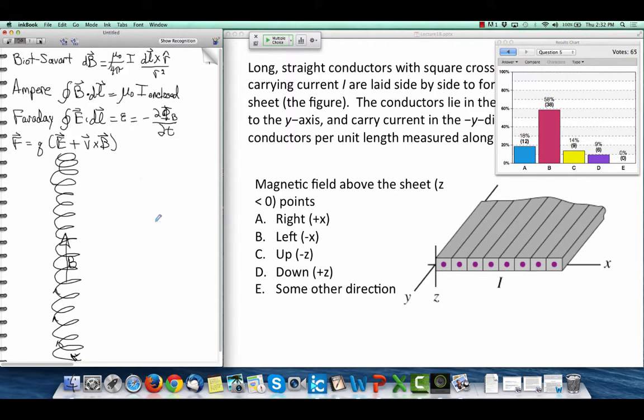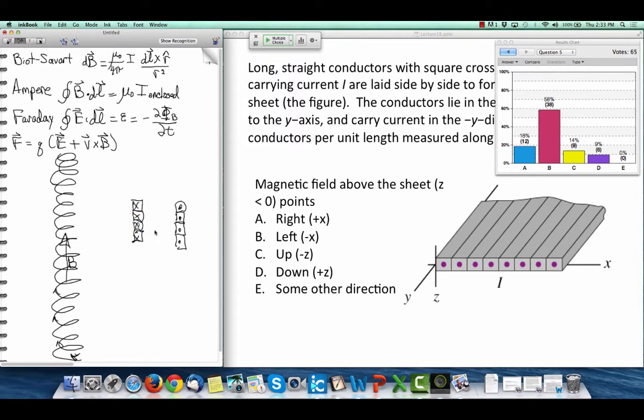And so what sort of loop? Let me cut this coil. If we look at a cross-section of the coil, there's going to be a bunch of wires on one side with the current coming out. On the other side, those same wires are going to loop around.